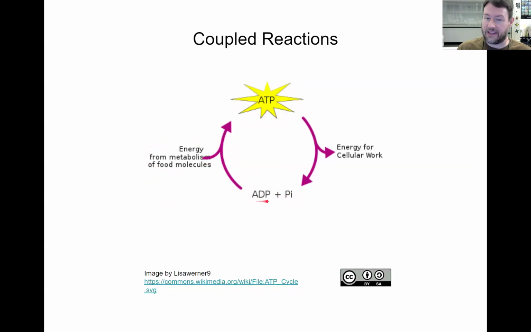So from ADP, which is adenosine diphosphate, so it's only got 2 phosphate groups. And if we tack that third phosphate group on, that takes some energy. So we have to couple that to a breakdown reaction or find another energy source.